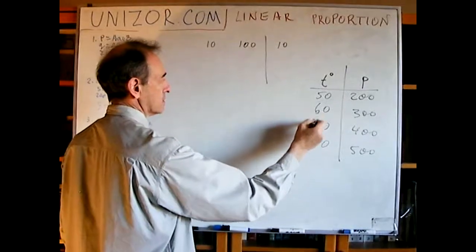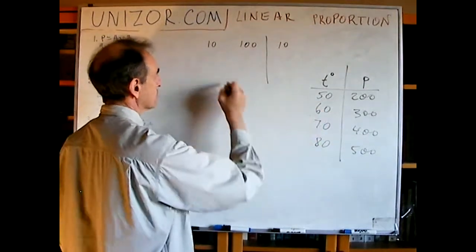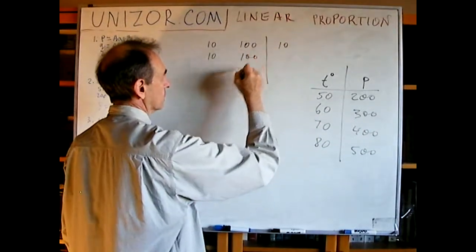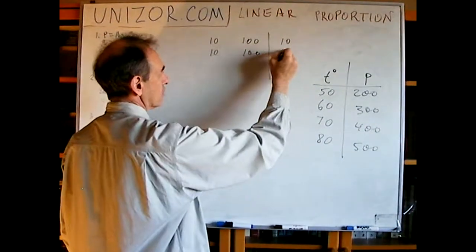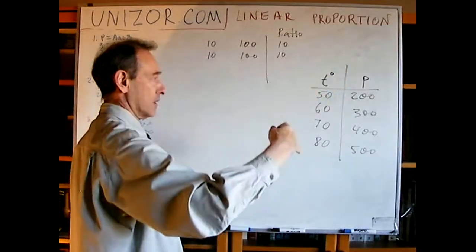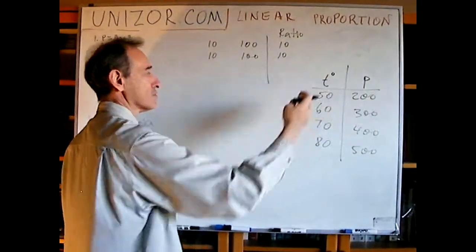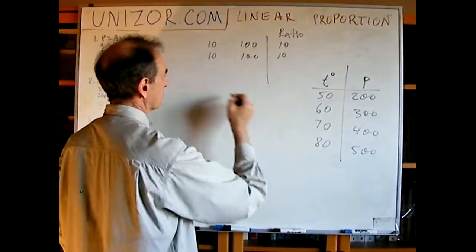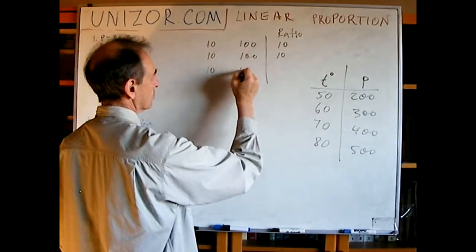Now, this change between 60 and 70 is also 10 units. Between 300 and 400 is also 100. So again, the ratio between the increment of the function relative to the increment of the argument is also 10. And then the third ratio from 70 to 80 is also 10.